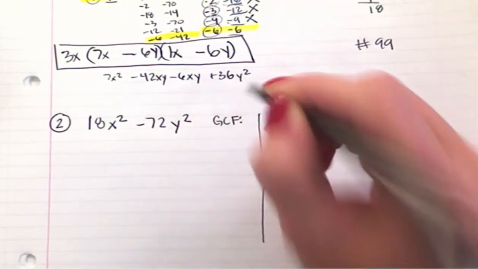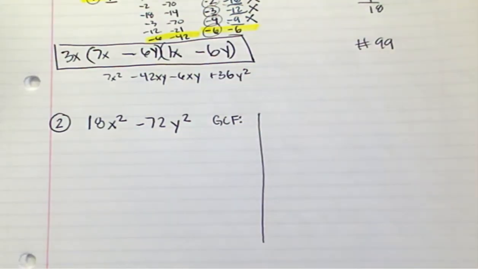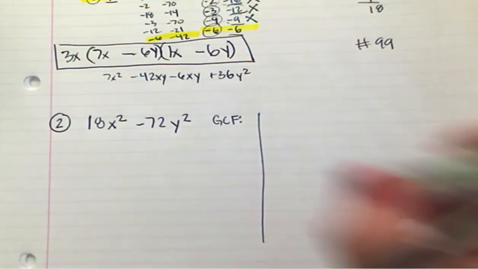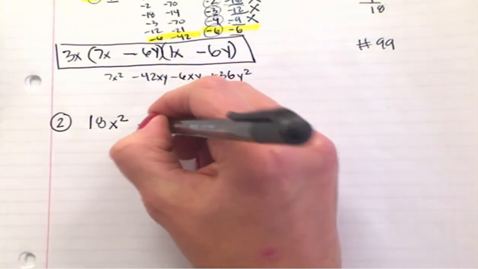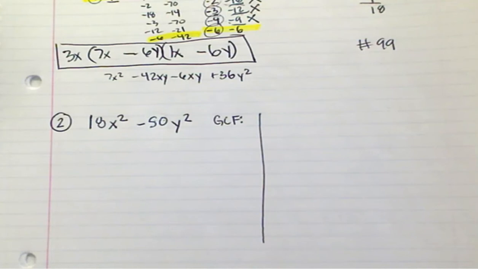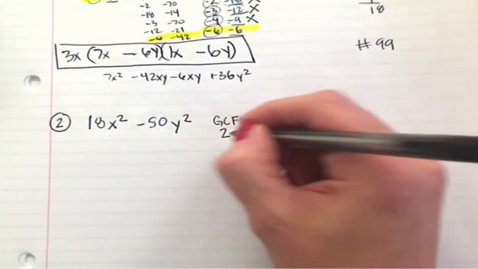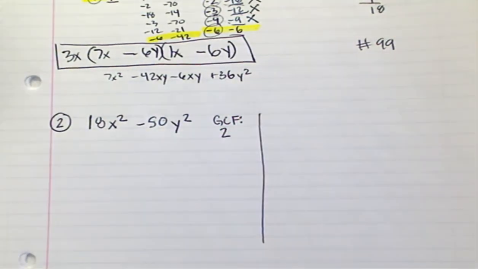GCF. Okay. Is there anything that divides this evenly? 18, yeah? Oh, hold on. Wait. Fine. I didn't want 18 to divide it evenly. 2. I was going for 2. But you'll see why in a second. 2 is the only thing that divides evenly. Sorry.